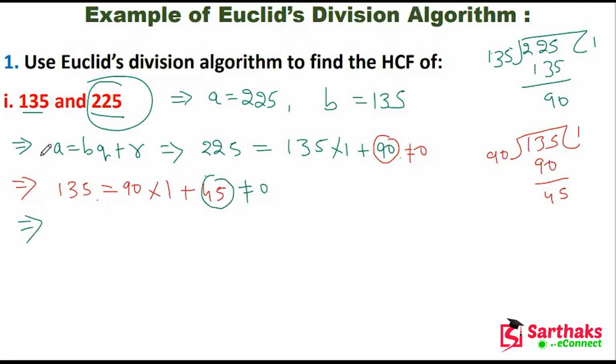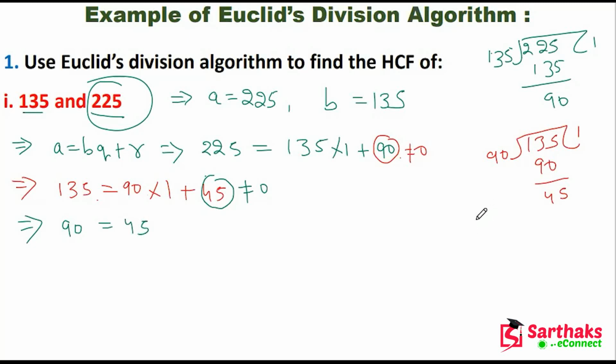These steps are called an algorithm, which is well-planned, well-organized steps. Now 90 becomes a and 45 becomes b.